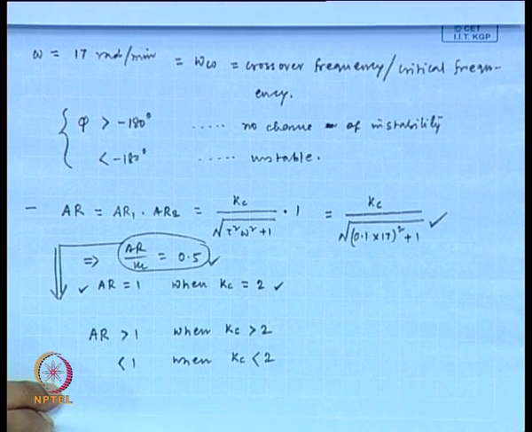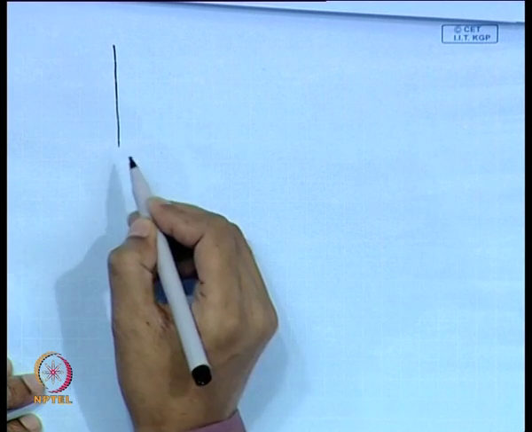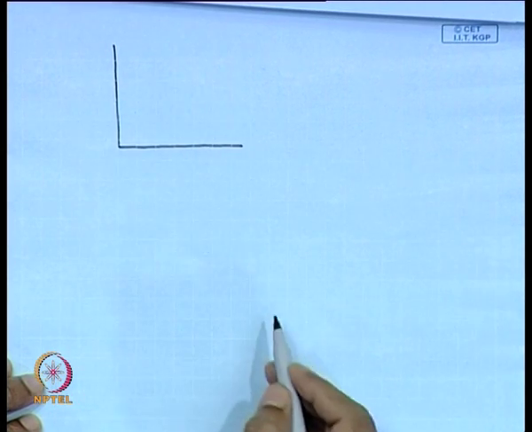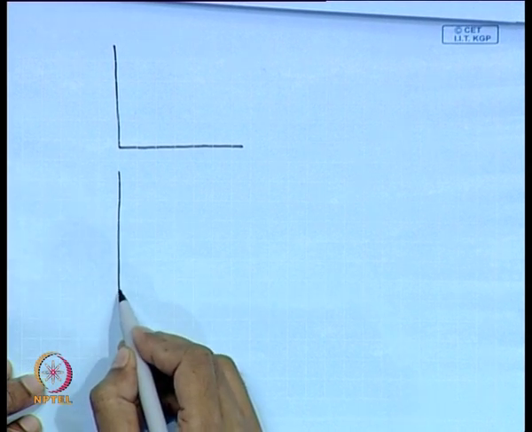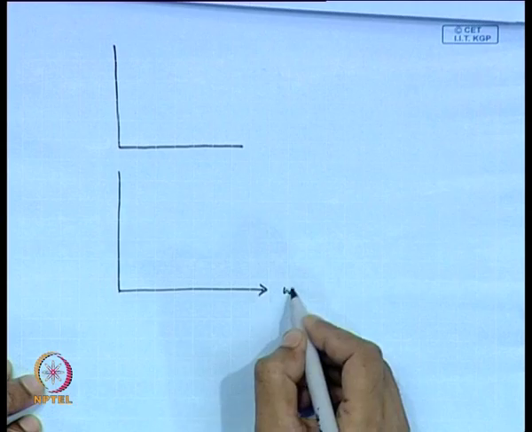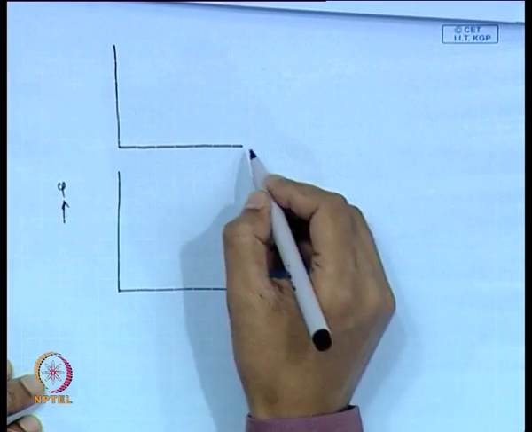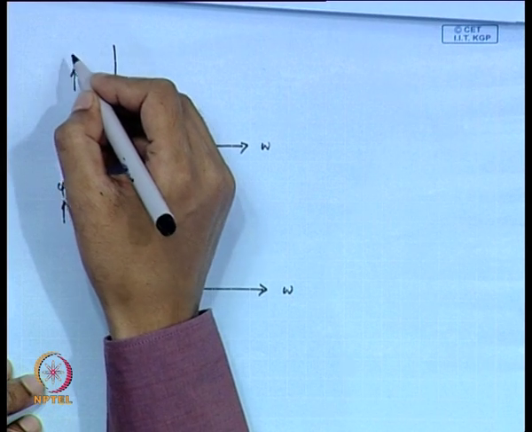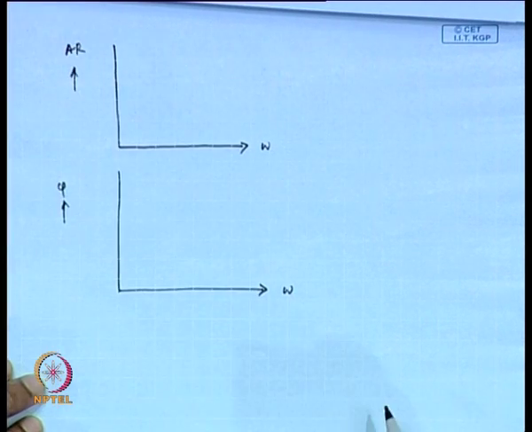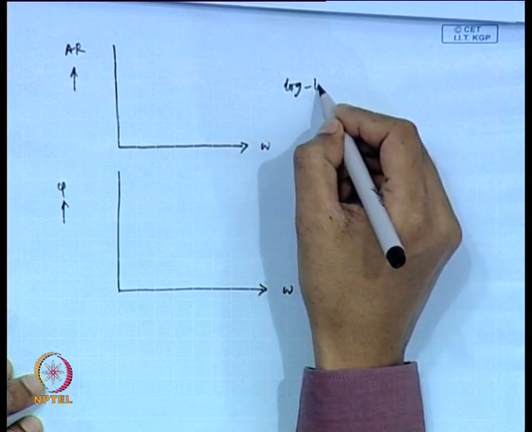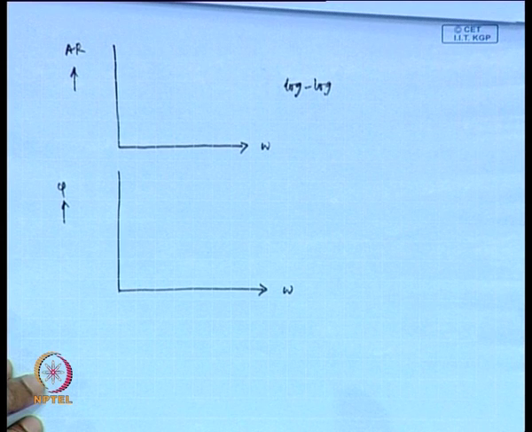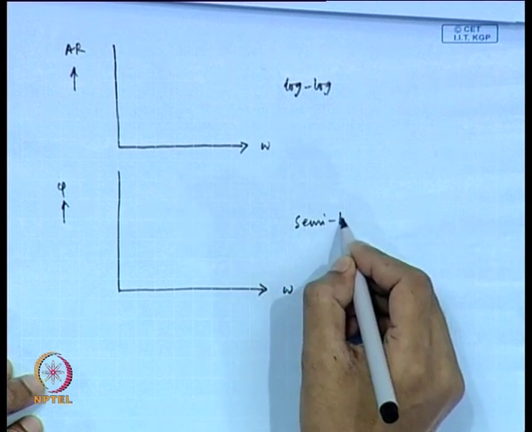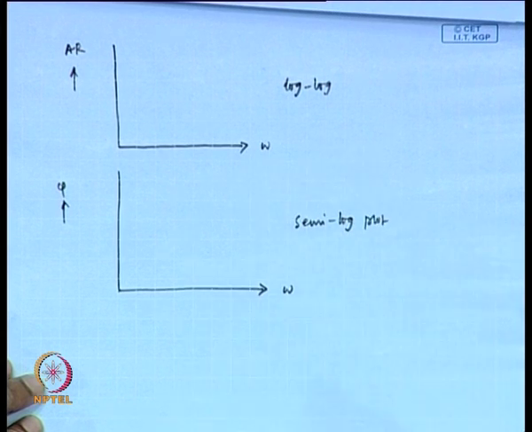Can we draw the Bode plot now? We will construct the Bode plot based on this information. This is omega, phi, omega, amplitude ratio. This is a log plot and this is a semi-log plot.